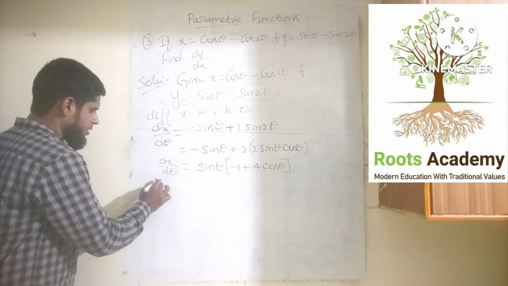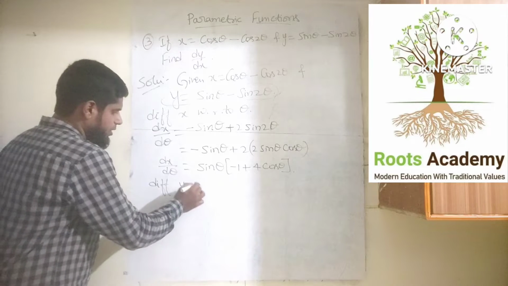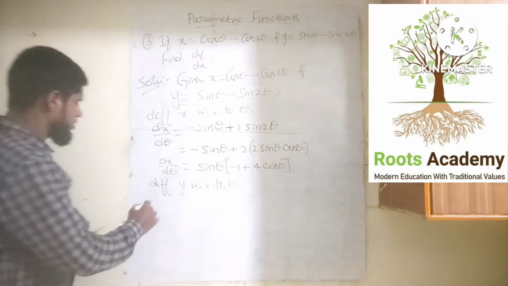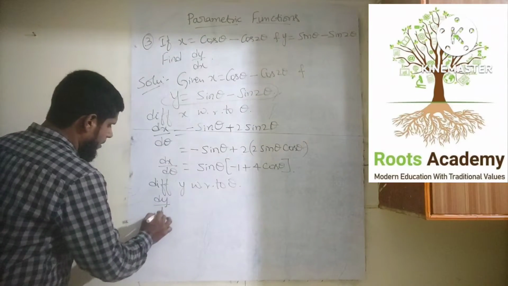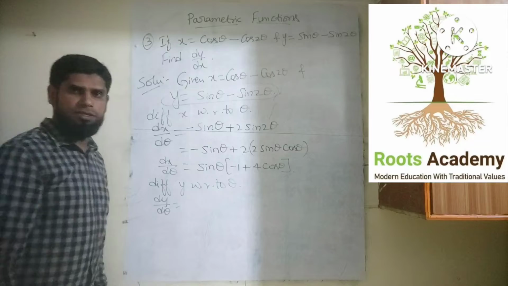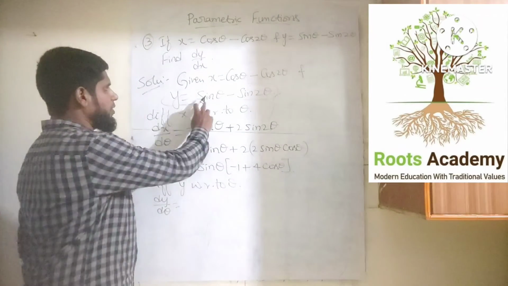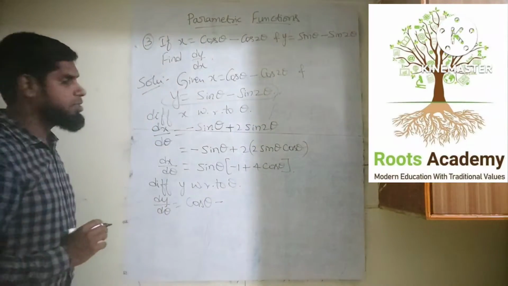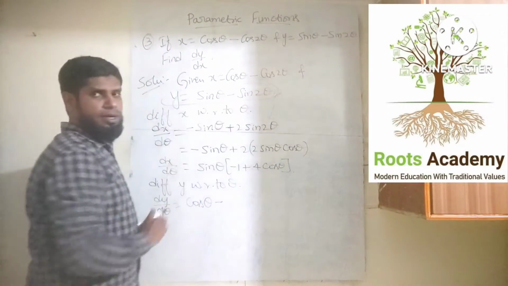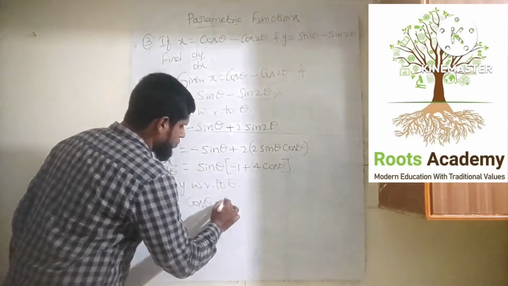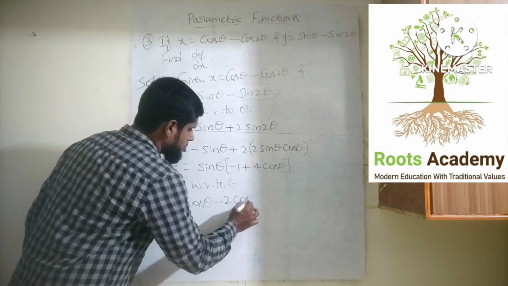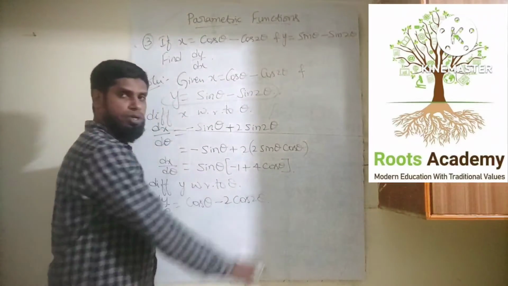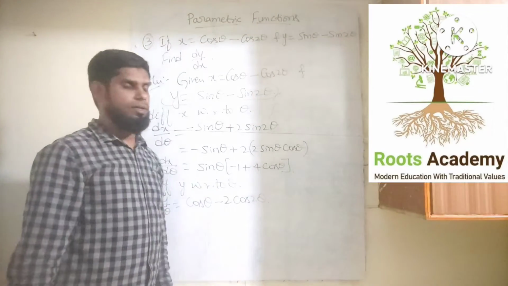We'll differentiate y with respect to theta. dy by d theta is equal to derivative of sin is cos theta, minus as it is, derivative of sin 2 theta is 2 cos 2 theta.